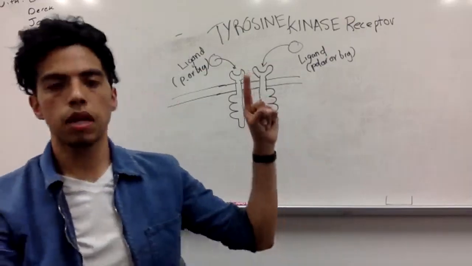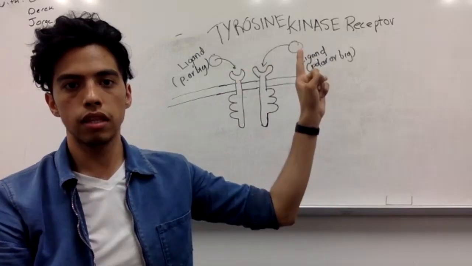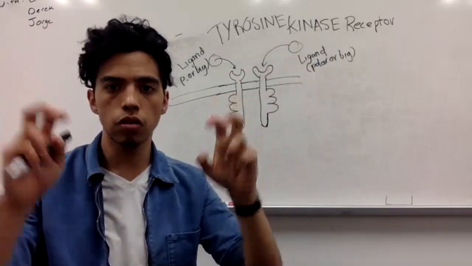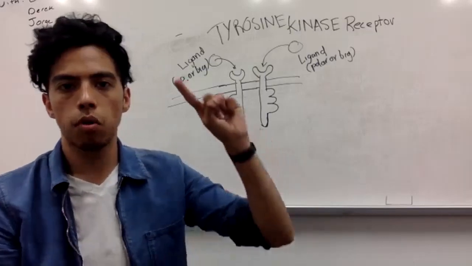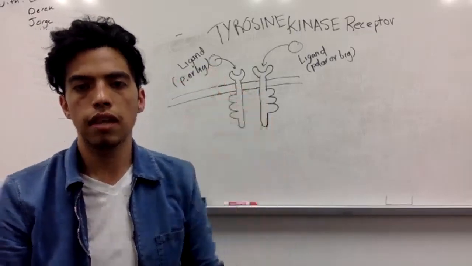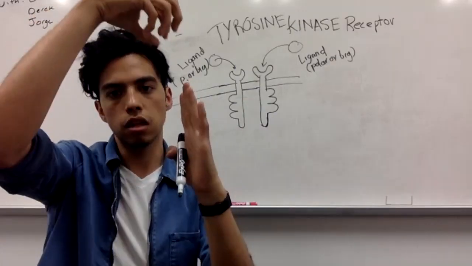Just to recap, because we're doing cell signaling and this is extracellular, these ligands or signal molecules are either polar or big, and that's why you have to have these protein receptors meet them outside the cell, right?